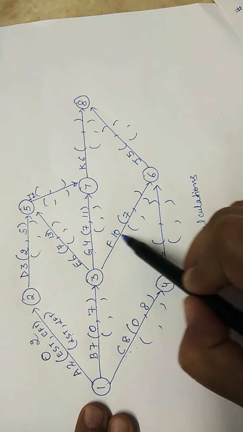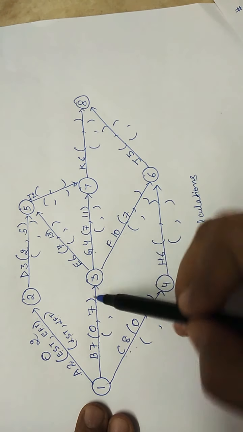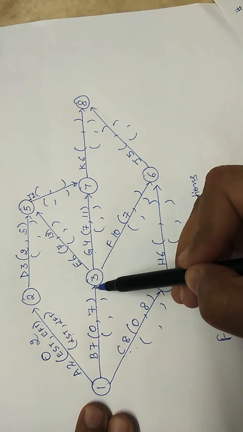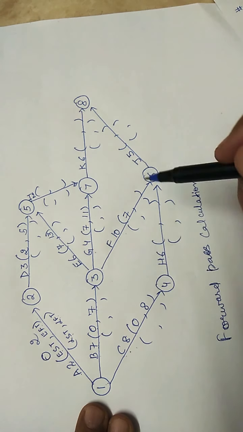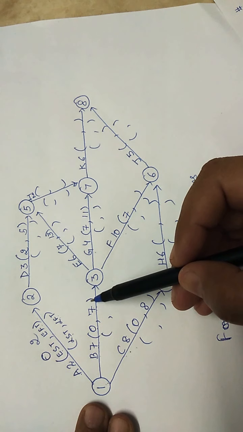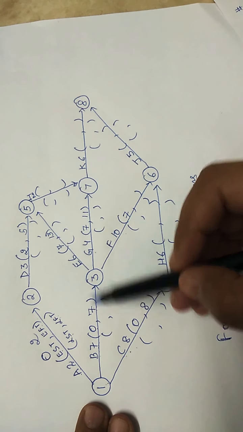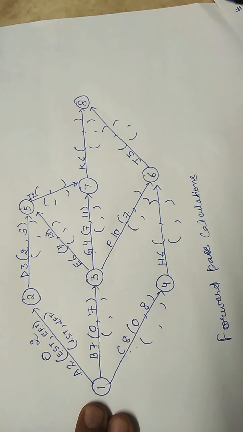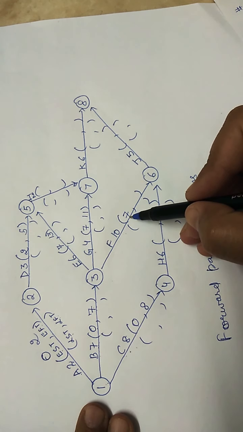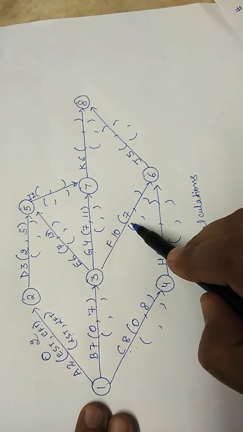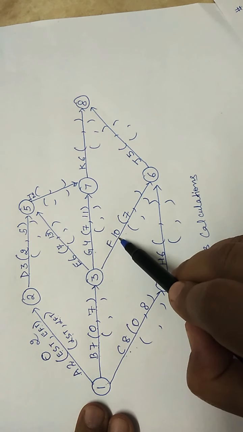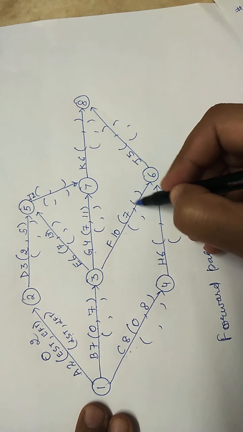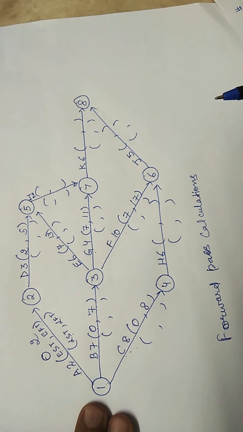For these three activities, earliest start time is 7. Why? Because the preceding activity is B only. There is only one preceding activity, B, and the earliest finish time of B is 7. So earliest start time of these three activities is 7. But earliest finish time of these three activities is different, because the duration of the activity is different. So for F, 7 plus 10 becomes 17.